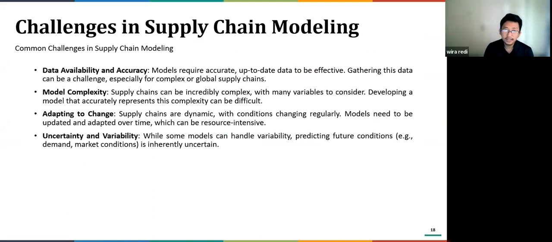The challenge. Okay, what are the challenges of applying modeling in supply chain?